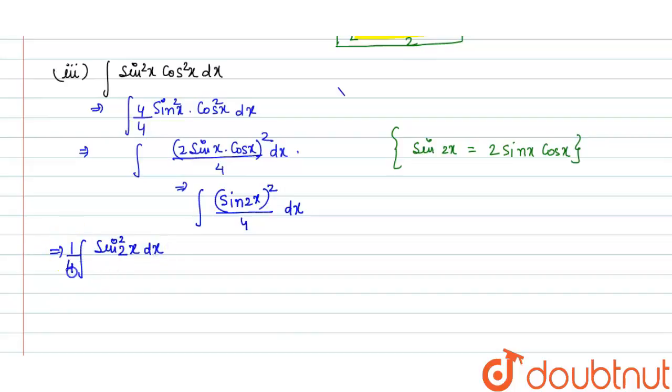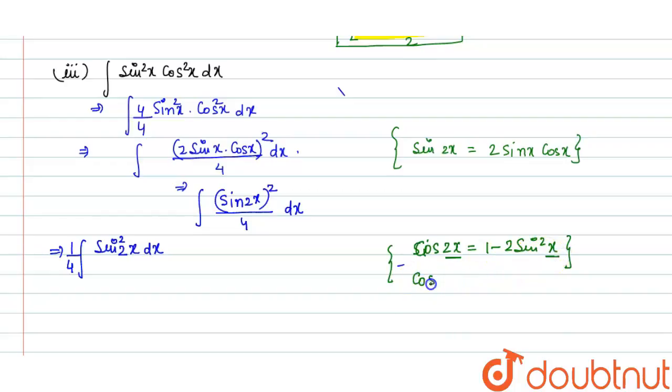We will take it out. Now again we are using an identity: cos 2x equals 1 minus 2 sin square x. Here we can clearly see if the angle is 2x, then it will become x.